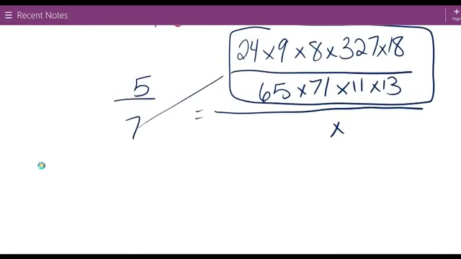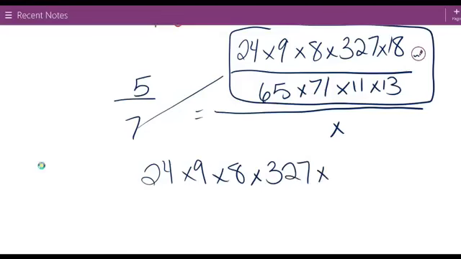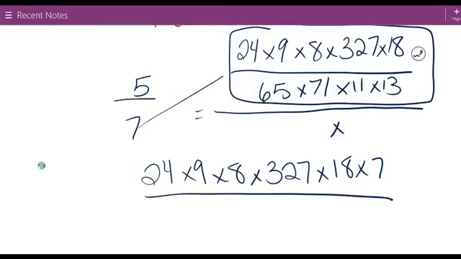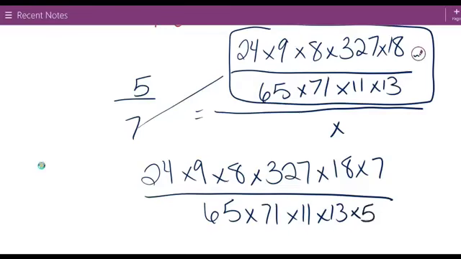So we end up with 24 times 9 times 8 times 327 times 18 times 7 over 65 times 71 times 11 times 13 times 5 gives us our value.